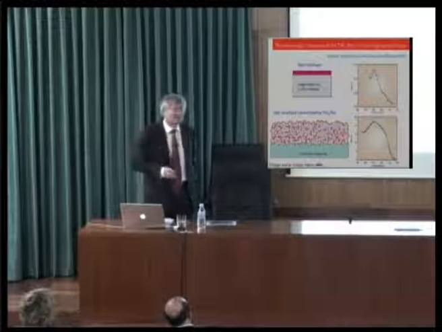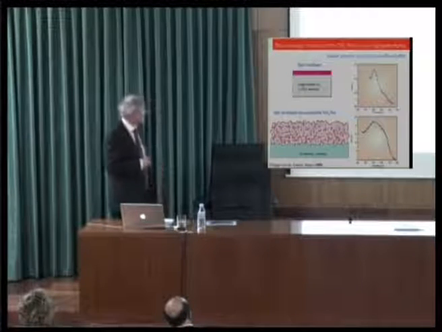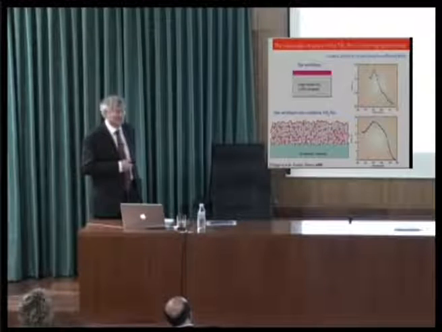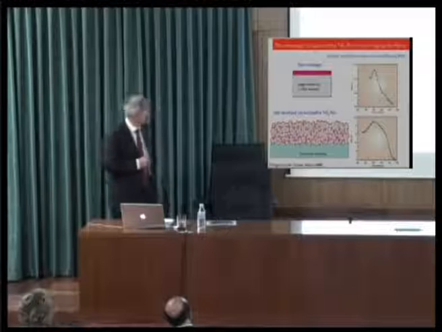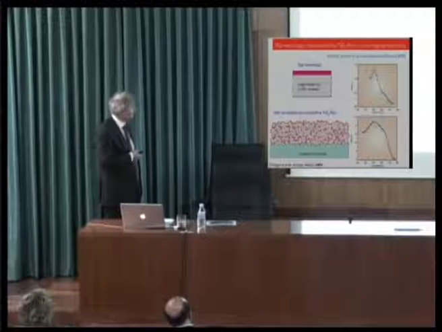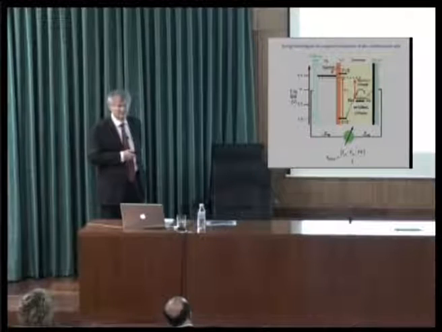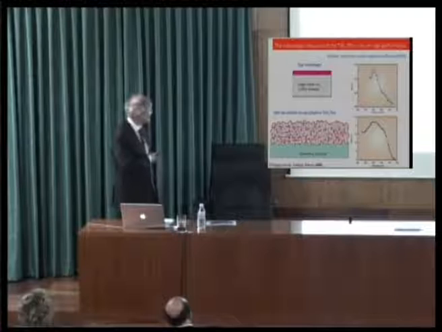It's no big deal. You get a big surface area, so you capture the light. But you will not be able to extract the carriers. Here comes the challenge. Because if I inject an electron here in this particle, how can I collect it?